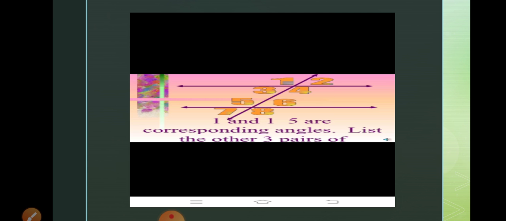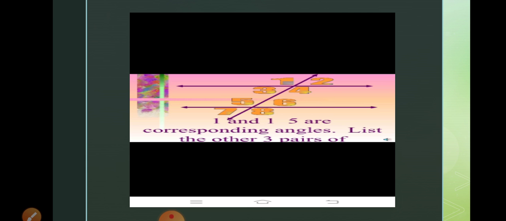Look at the figure: 8 angles are formed, 1, 2, 3, 4, 5, 6, 7 and 8. From the figure, angle 1 and angle 5 are corresponding angles, and these two angles are equal in measure.